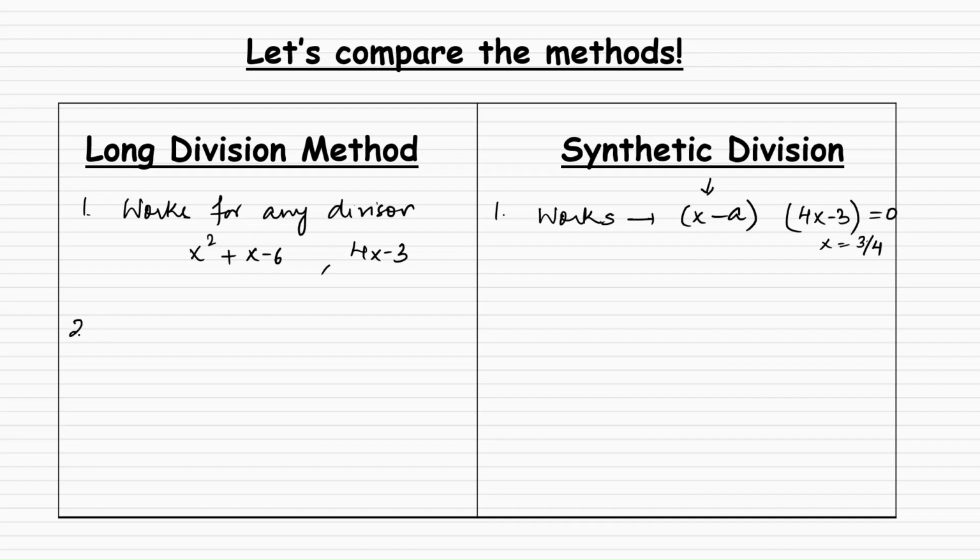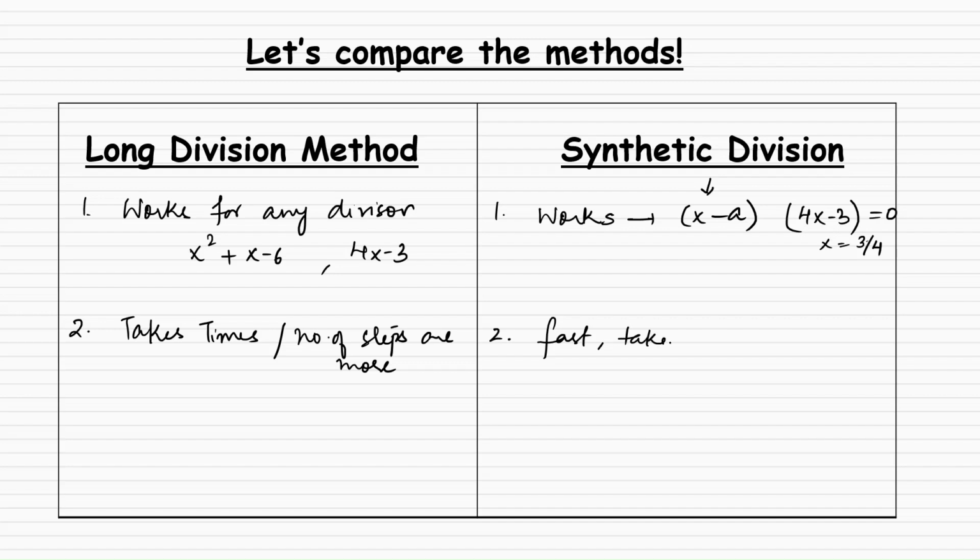The second point I would like to make is that the long division method takes time. Of course, it takes time because the number of steps is more. Over here, in synthetic division, the number of steps is less. It's fast.